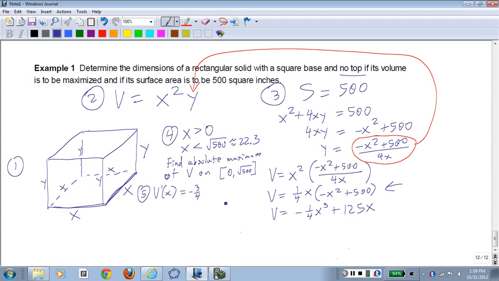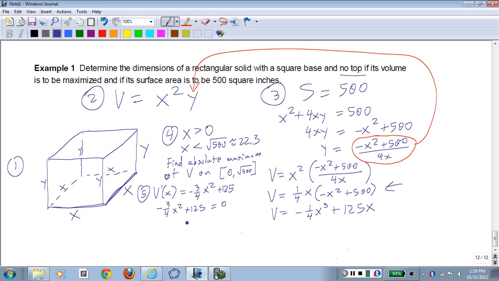Negative 3/4 x squared plus 125. And I'd like to set that equal to 0 to find first order critical numbers. So negative 3/4 x squared plus 125 equals 0.